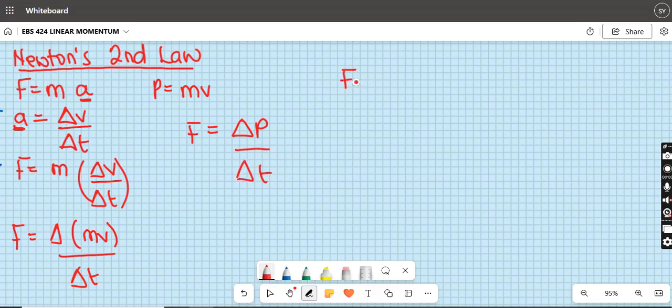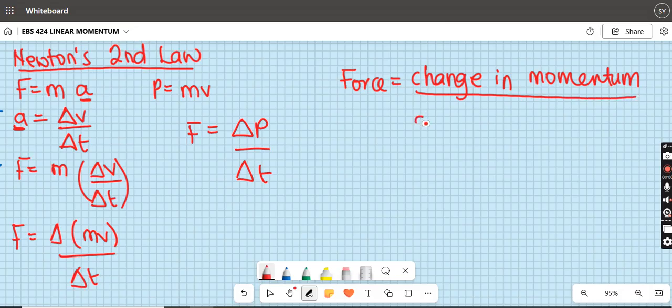We can write our force as the change in momentum all over the change in time.